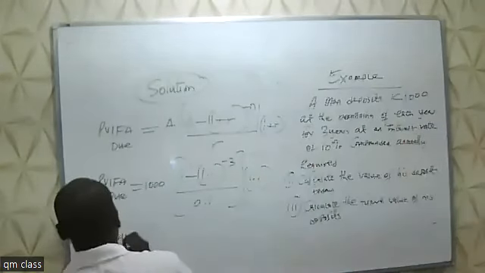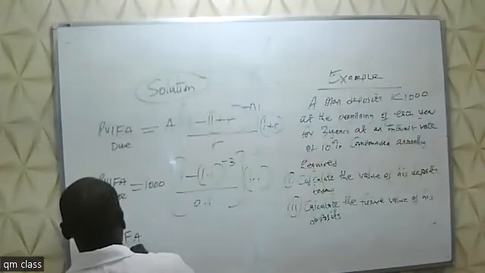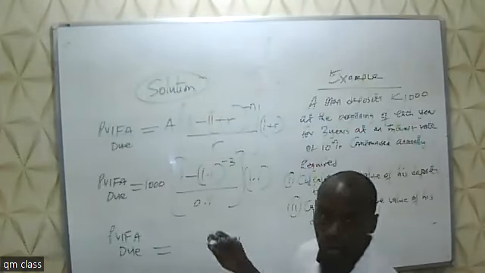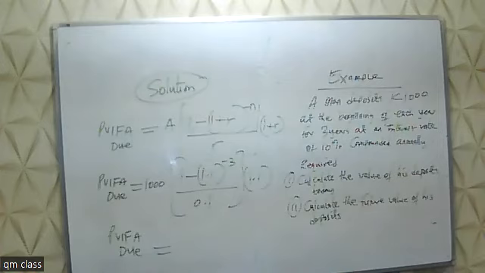You can substitute there and get the value you need. That will be 1 minus 1.1 to the power negative 3, then you divide by 0.1, then multiply by 1.1, then multiply by 1,000.